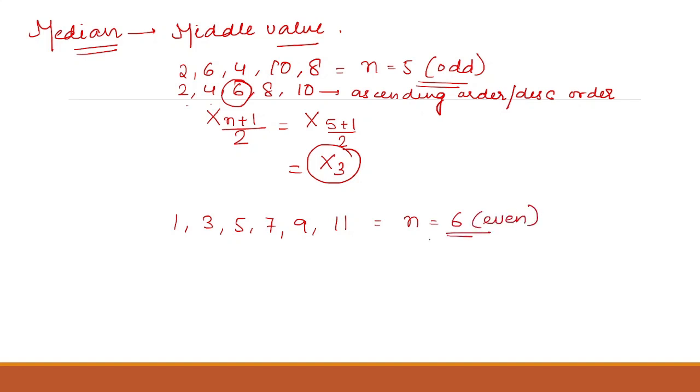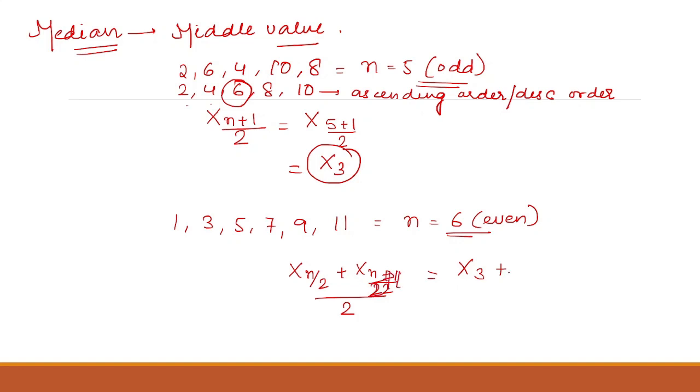In this case, what we can do is like this: (x of n by 2 plus x of n plus 1 by 2) by 2. So here, as you can see, x n by 2 means 6 by 2 is 3, and here it is n by 2 plus 1.